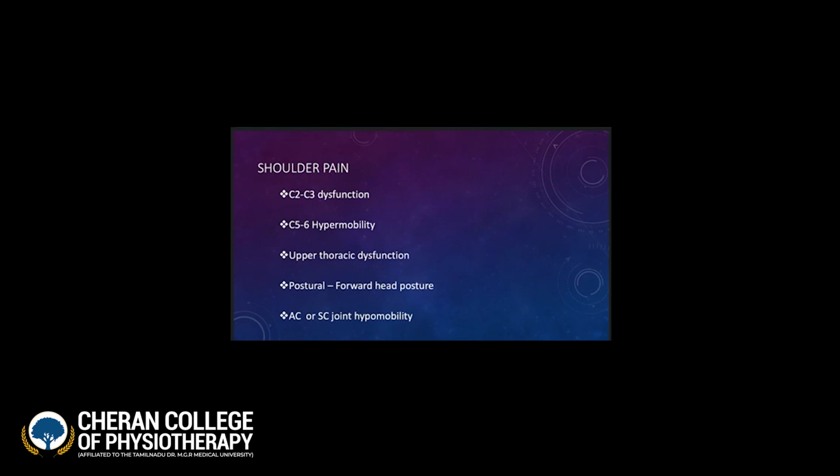So C2-3 dysfunction can lead to a typical anterior shoulder pain. Say, for example, I'll give you a brief overview.